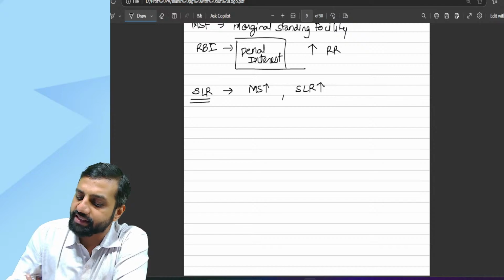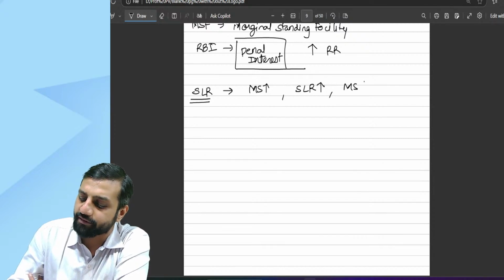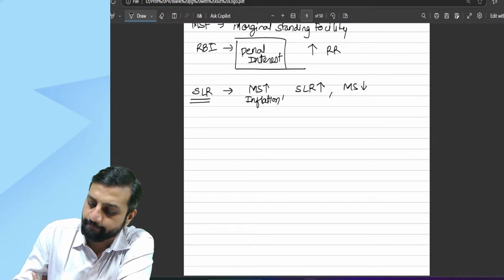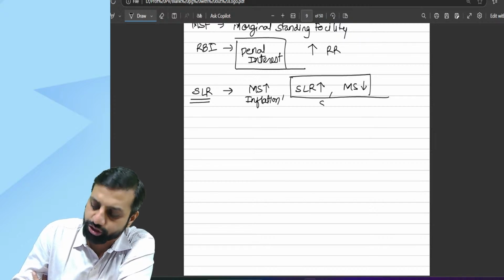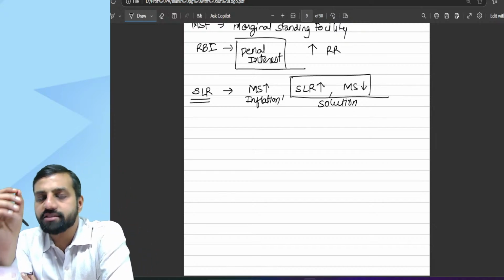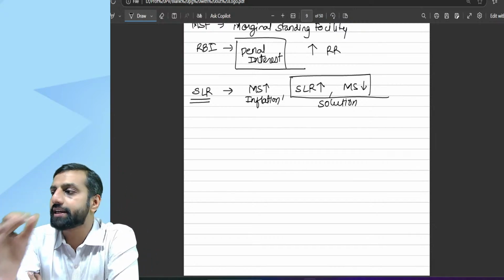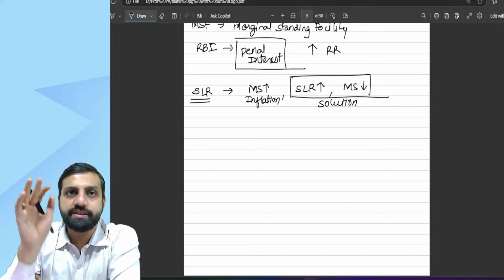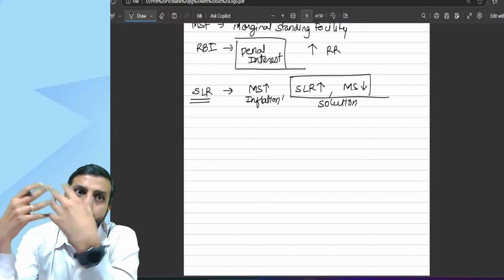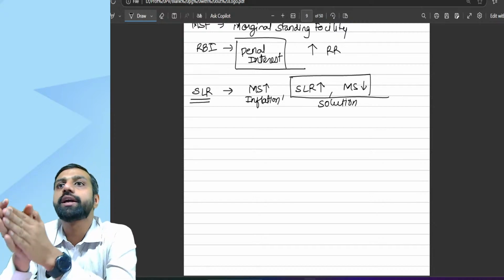If the rate of SLR increases, the money supply will be reduced. So during the time of inflation, this is the solution. What is SLR? SLR is statutory liquidity ratio, which is maintained by the commercial bank with itself, but in the form of liquid assets.